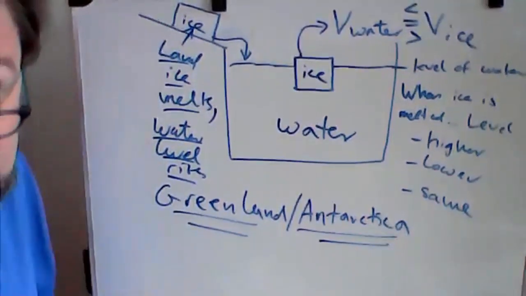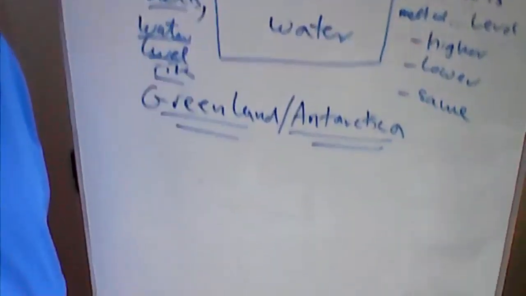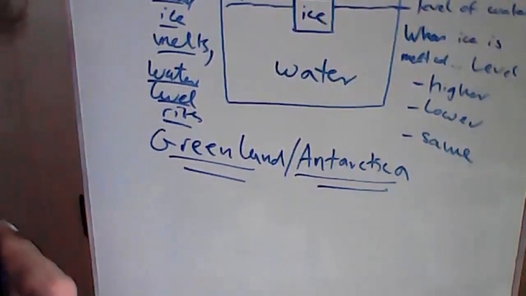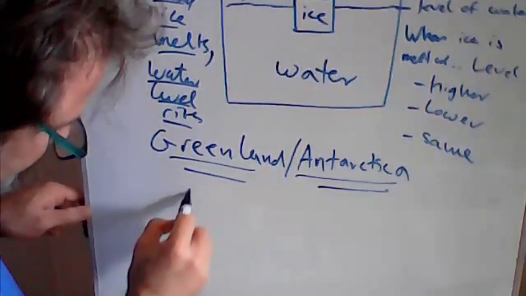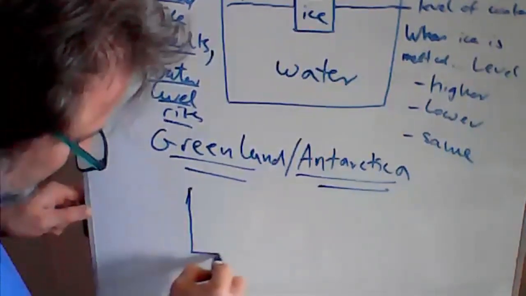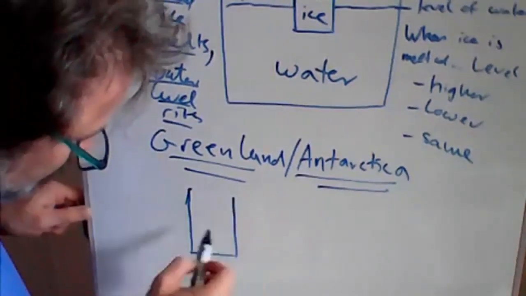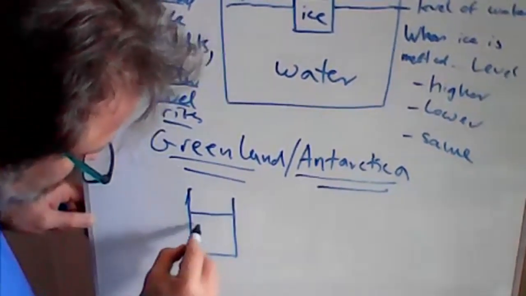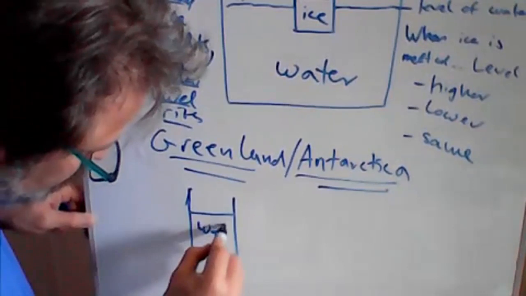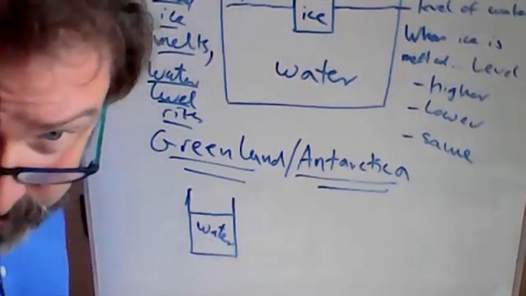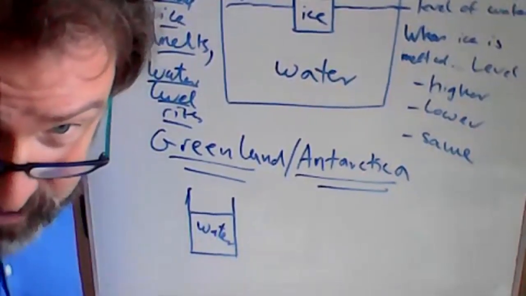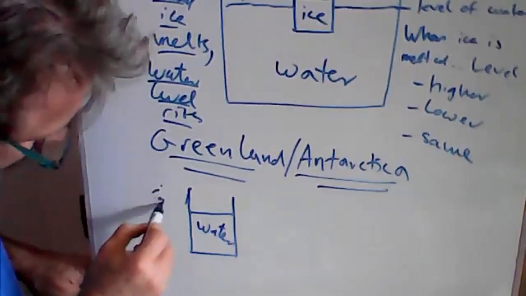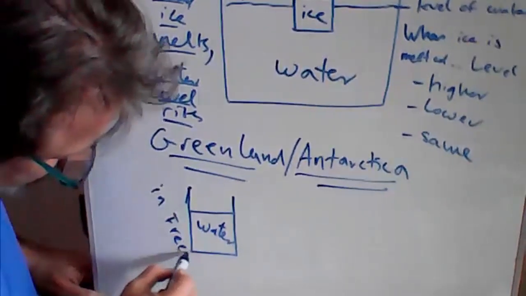Okay, we're going to do a side note because this is really important, so we have to be able to understand this. Let's come back and imagine we have a full glass of water, and we put that in the freezer.